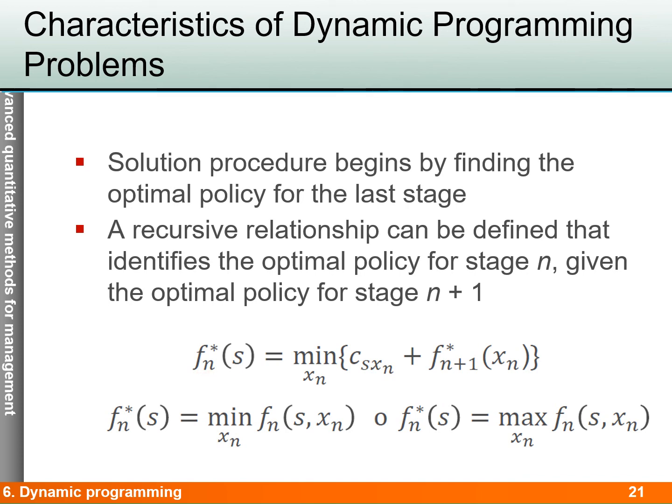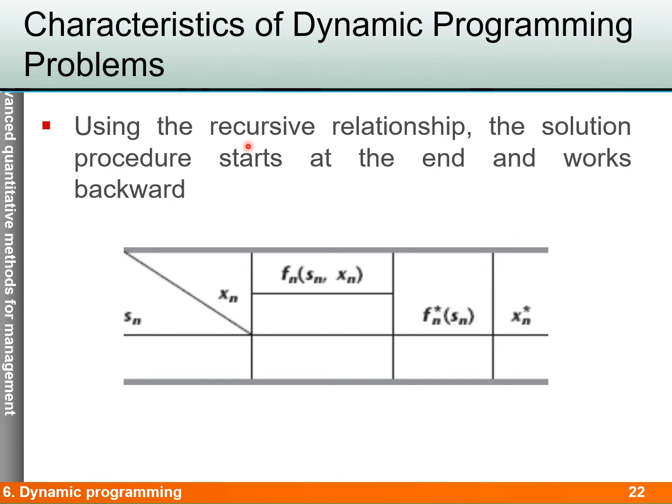But I repeat, always the formula is not like this. Based on the example and understanding it, we should make this one, and based on this relationship of n and n plus 1, try to find the optimal solution that is minimum or maximum. And finally, using the recursive relationship, the solution procedure starts at the end and works backward. And always, guys, this table is valid for all the dynamic programming problems.